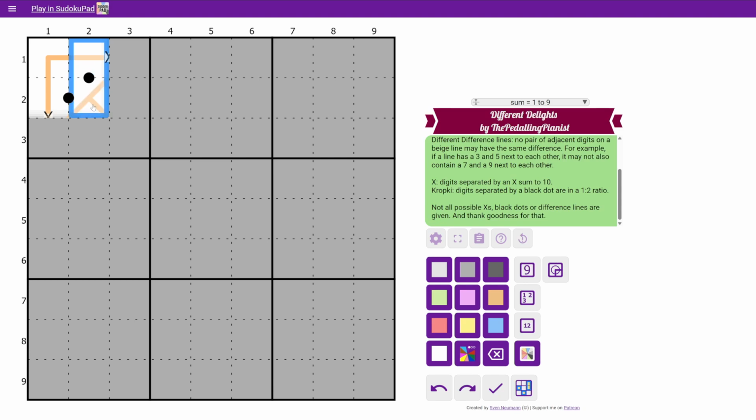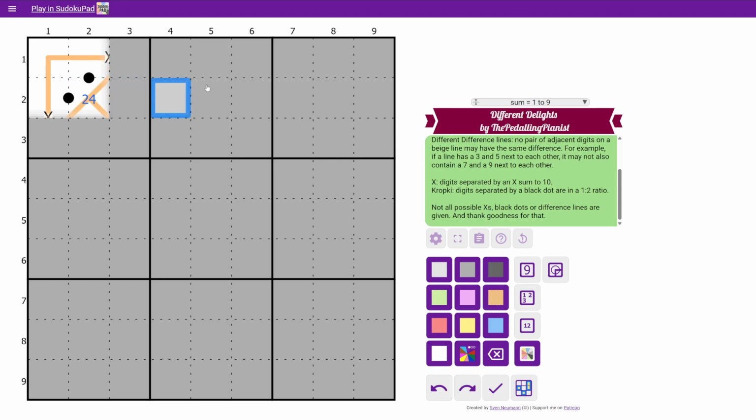So, anytime you have a 3-cell Kropke with the black dots, with the 1 to 2 ratios, you can just know that 2, 4 is in the middle, unless the rules allow there to be different things going on. But that's if they're in the same 3 by 3 box like this.